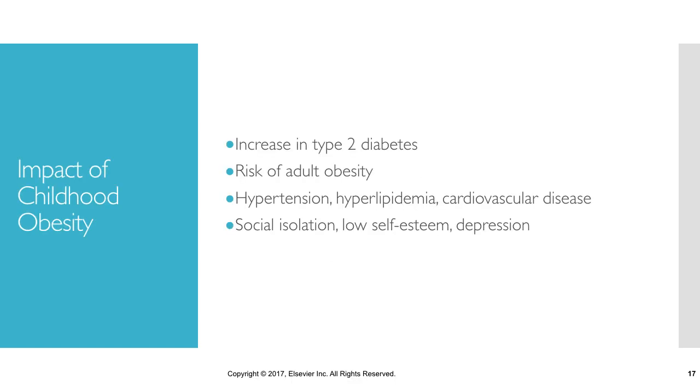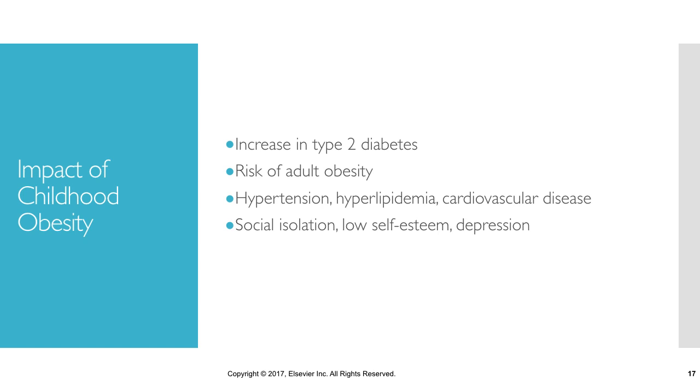Some of the impacts of childhood obesity include an increase in type 2 diabetes, a risk for adult obesity, hypertension, hyperlipidemia, and cardiovascular disease. We're starting to see hyperlipidemia and hypertension in 6, 7, 8-year-olds. Up until this point in history, we've never seen these diseases in children, because children were out playing and doing things.